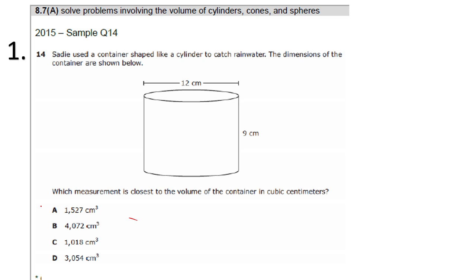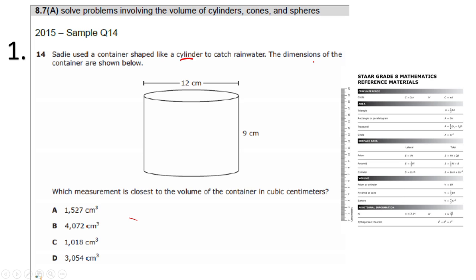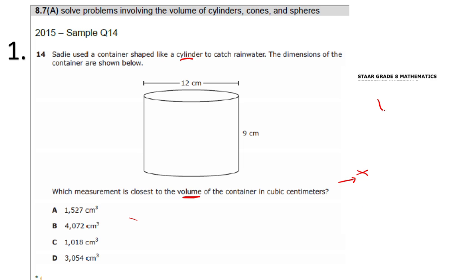It is dealing with a cylinder, and since it wants volume, we have to look underneath volume on the math chart, and we see cylinder, and we see right here volume is base times height. Now that is very important to do this question. So the first thing you need to write for this is volume equals base times height.